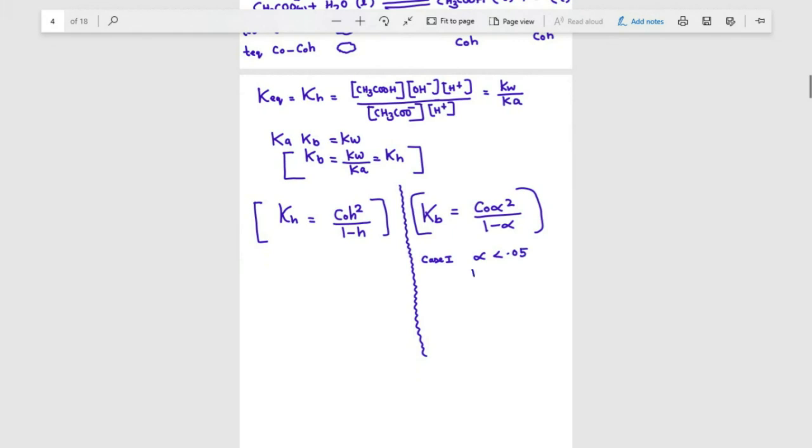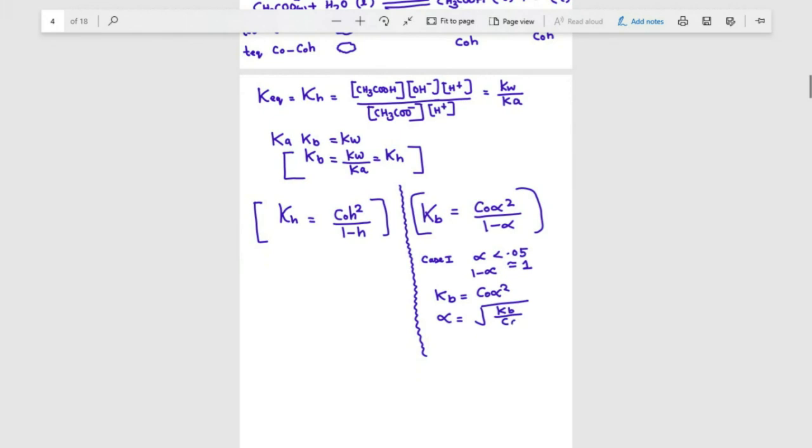So we can take the approximation that 1 minus alpha is approximately equal to 1. Then Kb is approximately equal to C naught alpha square, and from there alpha is equal to the square root of Kb upon C naught.